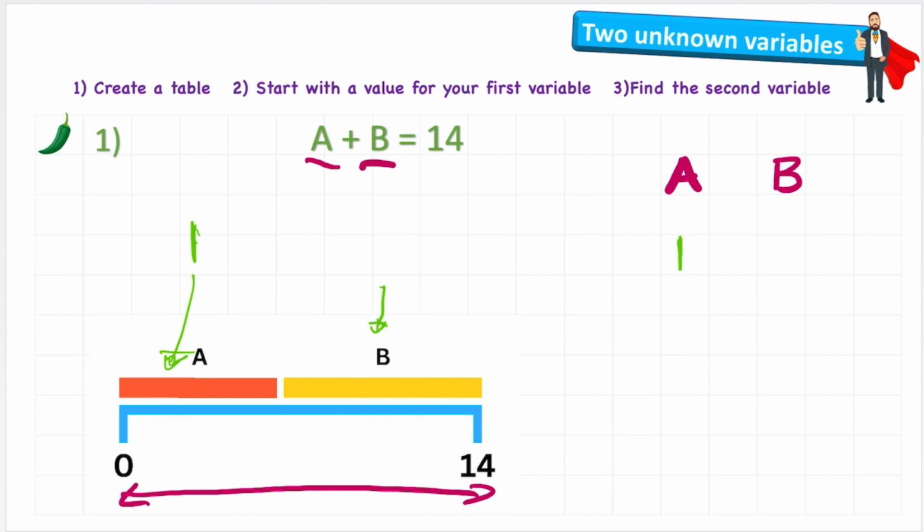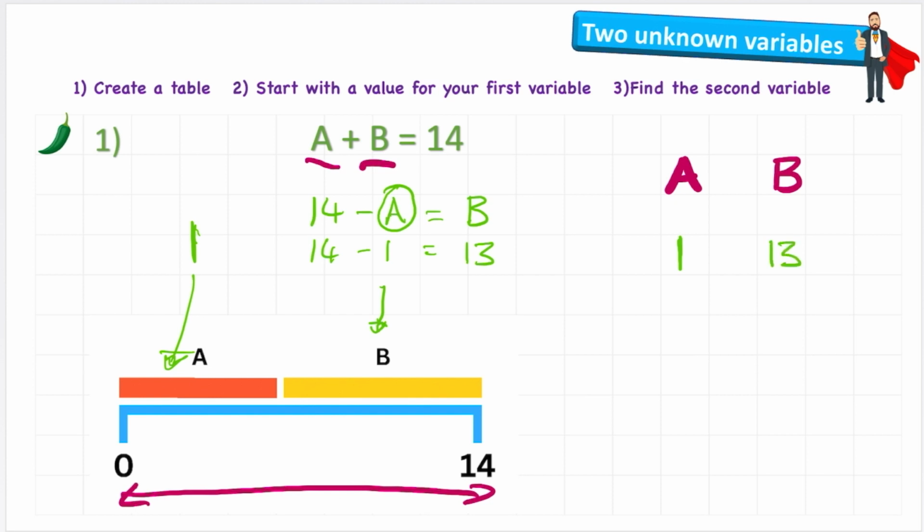So therefore we can show that by using inverse. So if I put 14 subtract a equals b, and then replace a with the value 1, 14 subtract 1 equals 13. So in my table, if a was 1, b would have to be 13.